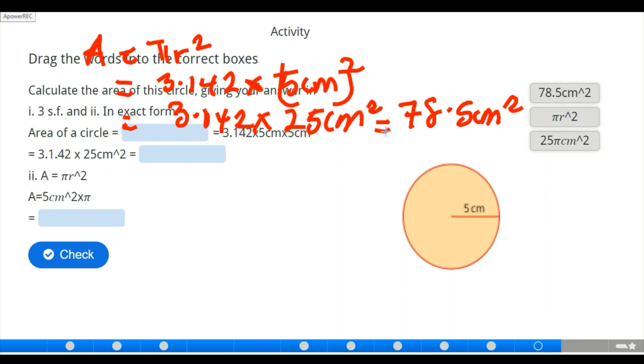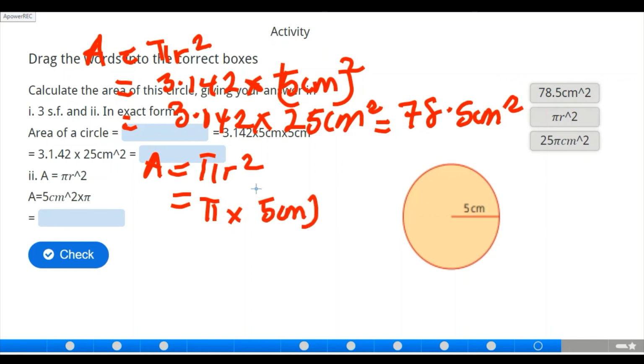Well, the other one said that we should express it in the exact form without expressing pi. So the area is going to be pi r square, where we leave our pi without expression. So we multiply it by the radius, which is 5 centimeter all square. 5 times 5 will give us 25.